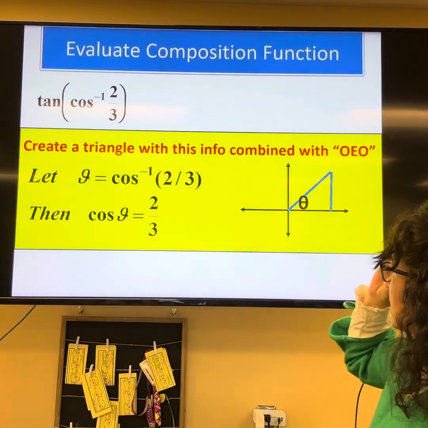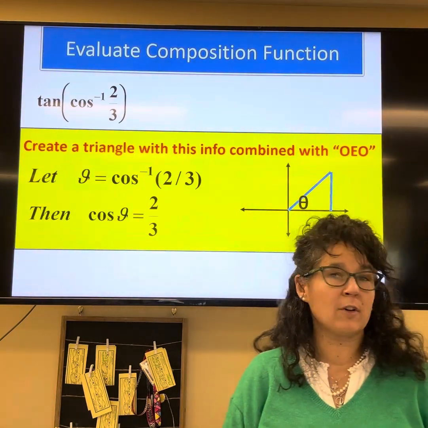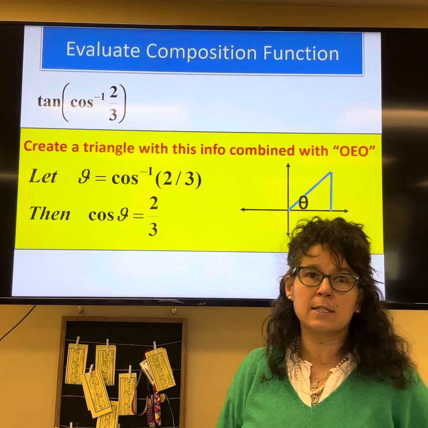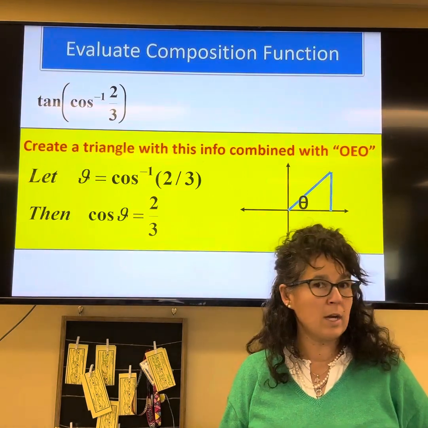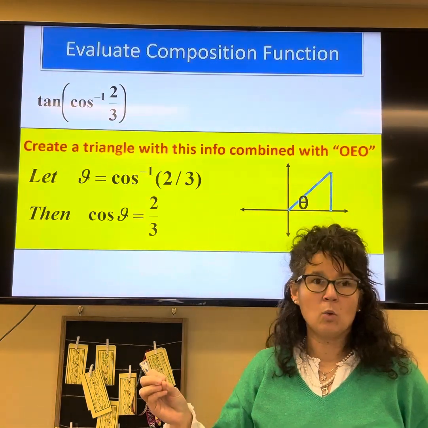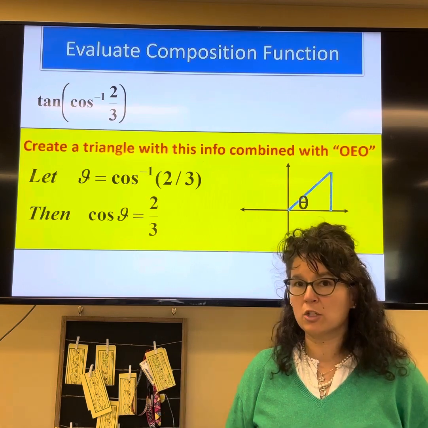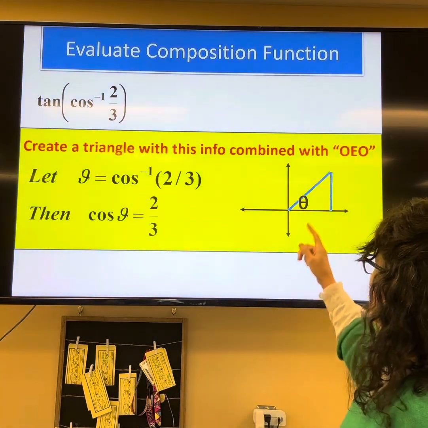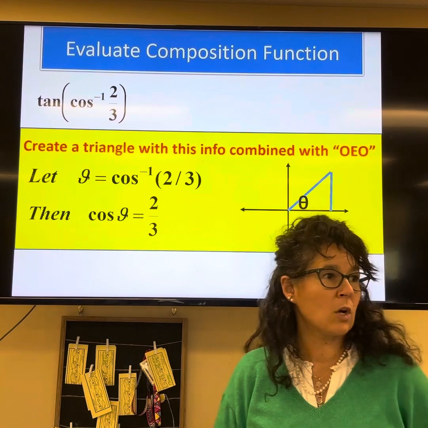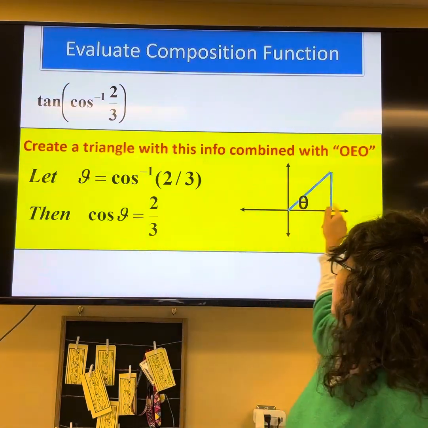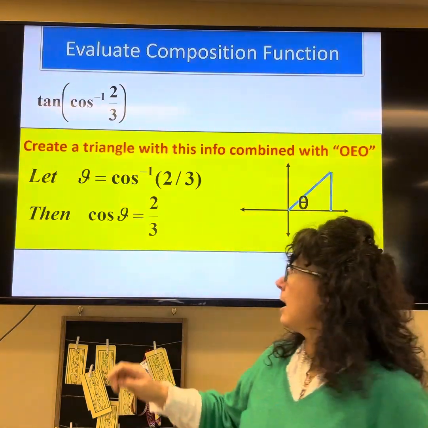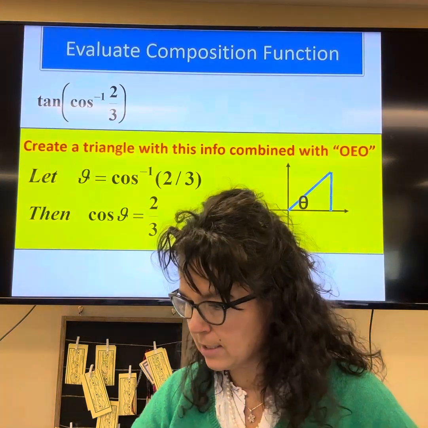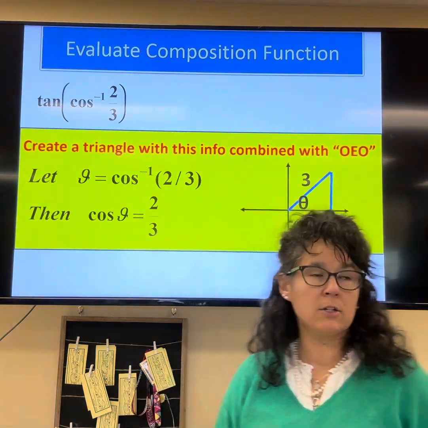Okay, so then next, and frankly for all the inverse trig functions, if the fraction is positive, you're going to build in quadrant 1, because quadrant 1 is where all of the inverse trig functions are positive. Then next I'm going to use SOHCAHTOA to help me fill out part of this triangle. Cosine is adjacent over hypotenuse.